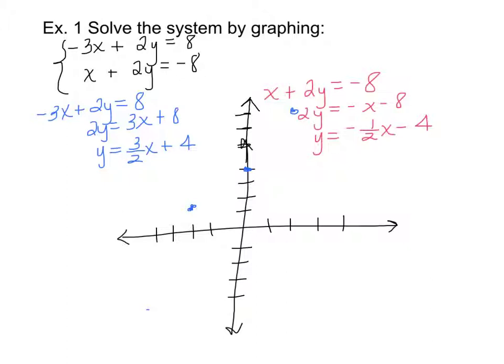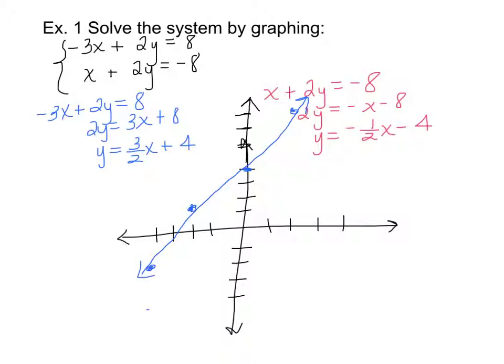And you may have to do your slope a couple of times so you can see where they're going to intersect. You might want to find something straight to graph the line.